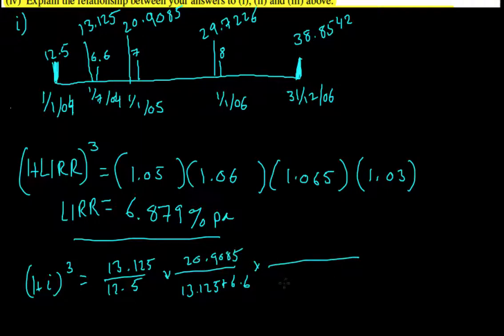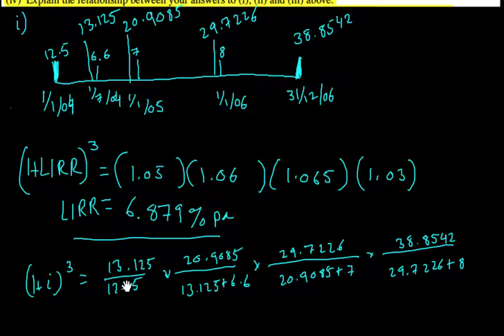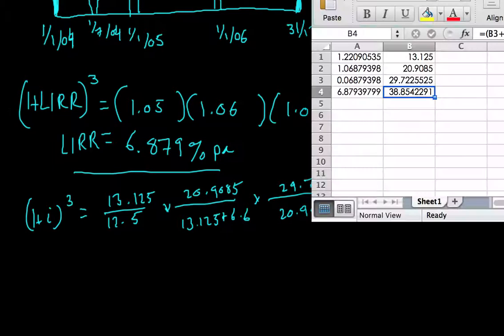Then we start with 20.9085. We get to add a 7 to that, and that's going to turn into 29.7226. And lastly, we have 29.7226 plus 8, and we end up in the very end with 38.8542. So how do we find out what i is? Work that all out to the power of a third minus 1.